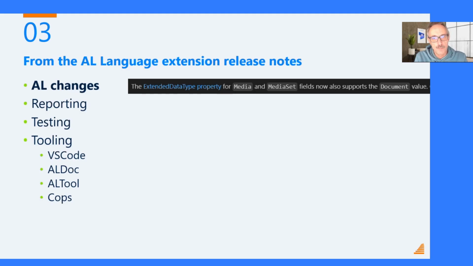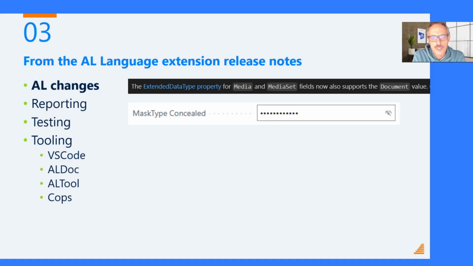You can now set the extended data type to document, and it will help the client to show a document icon if you have this media type used in your application. So you get more information to your user. They can directly see that this is a document and not just an XML file or a picture or whatever.